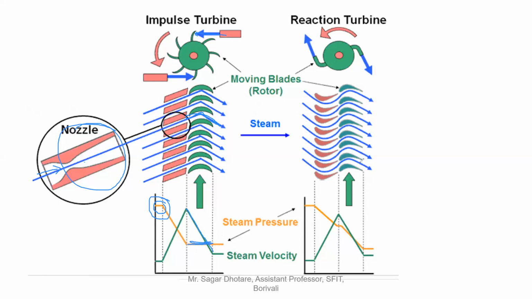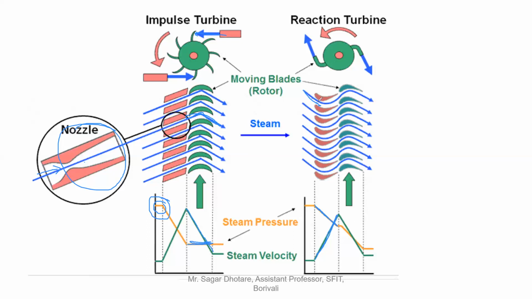But in the case of the reaction turbine, when the steam enters the fixed blade, the pressure goes down and the velocity increases.